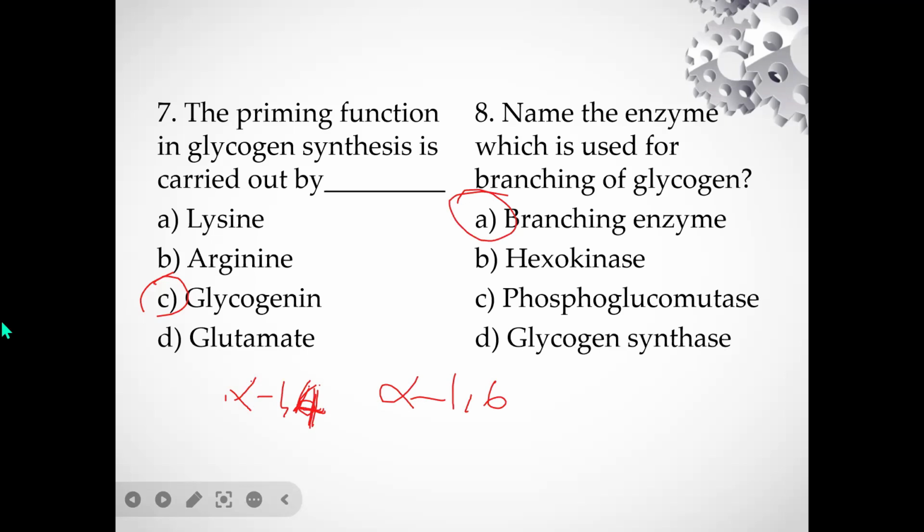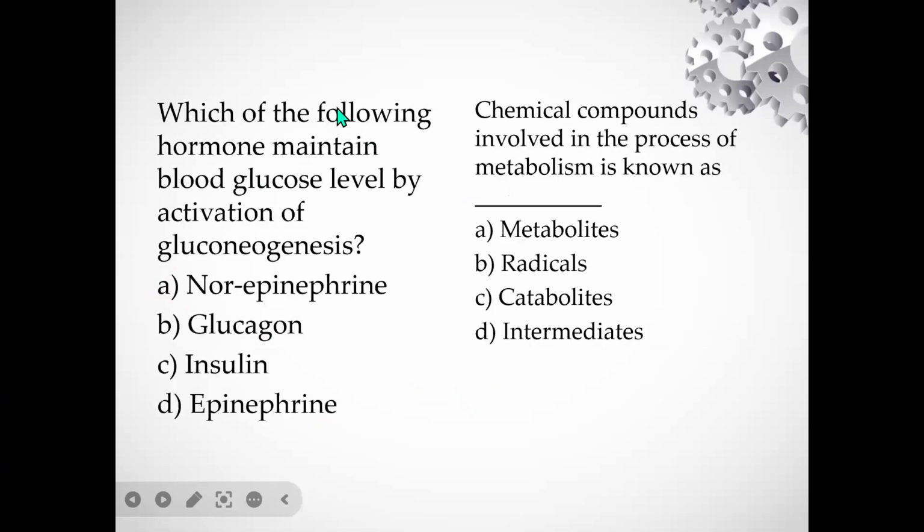And then, of course, the next question, now we are going to look at question 8. Which of the following hormones maintains blood glucose level by activation of gluconeogenesis? Generally, when blood glucose level is high, you need to reduce the glucose, and that is done by insulin. Insulin will activate the transport of glucose from the blood to the peripheral tissues.